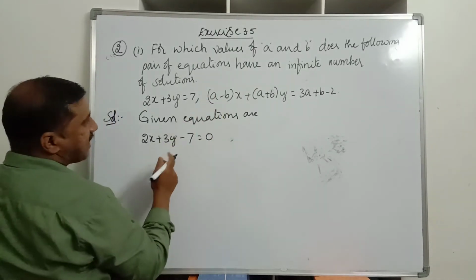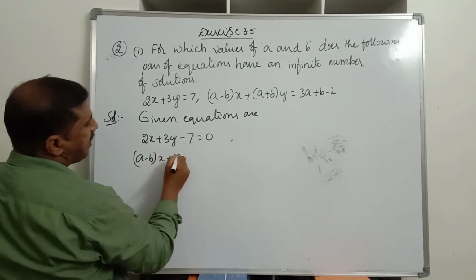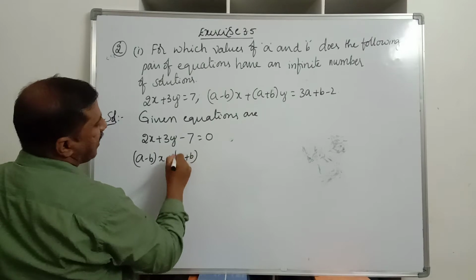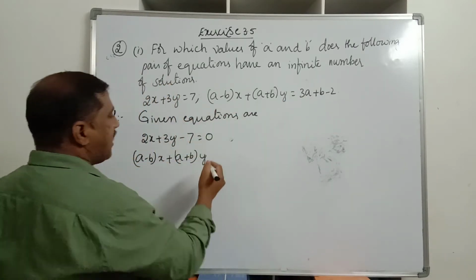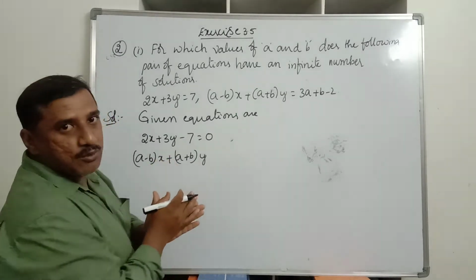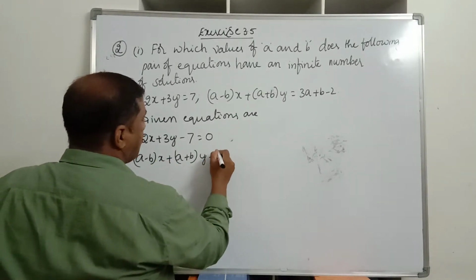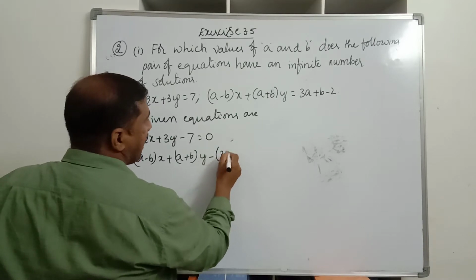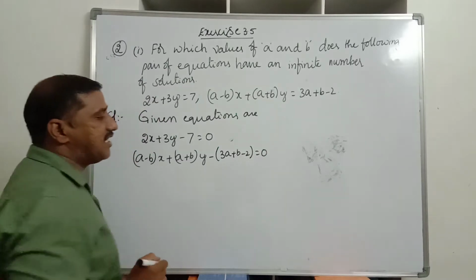Similarly, the second equation, a minus b into x plus a plus b into y, then transpose this whole part to this side. Then what we get by transposing the whole part is minus of 3a plus b minus 2 is equal to 0.